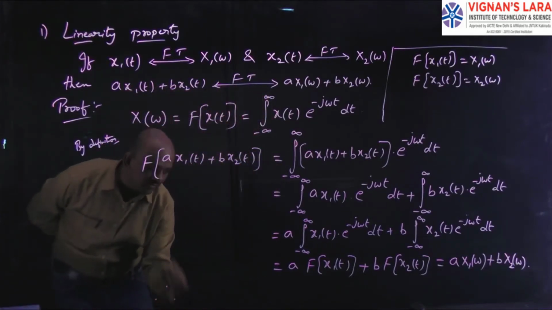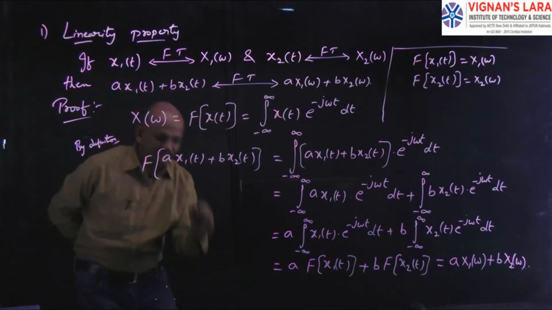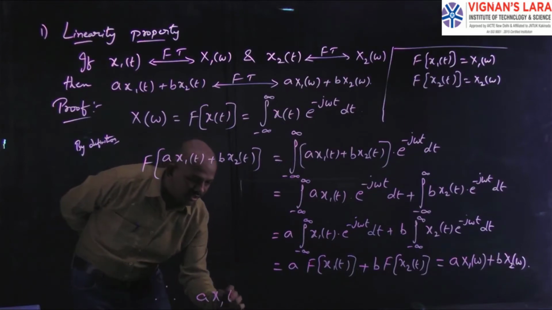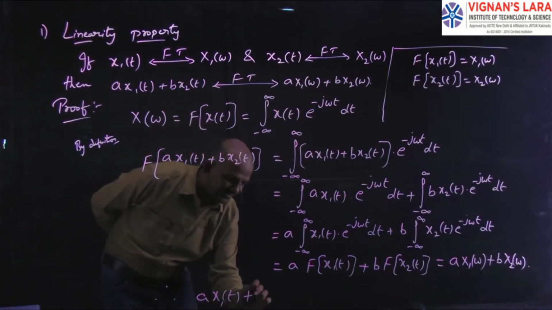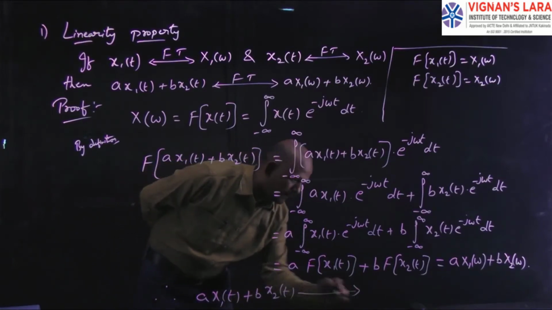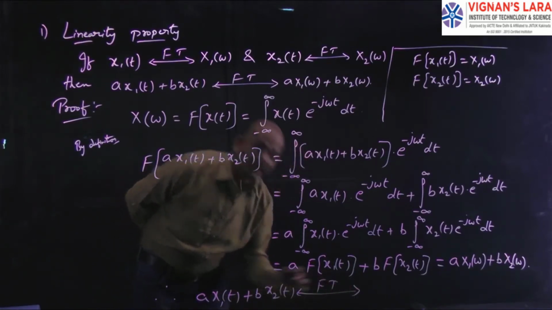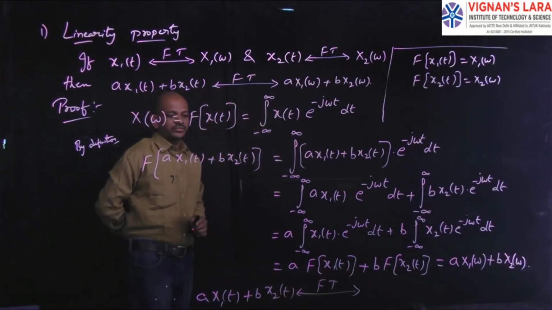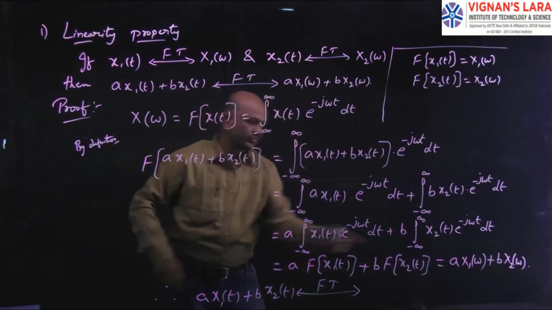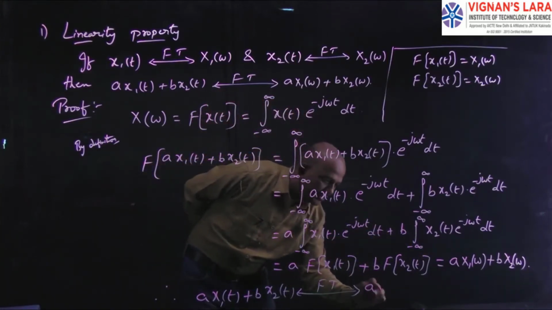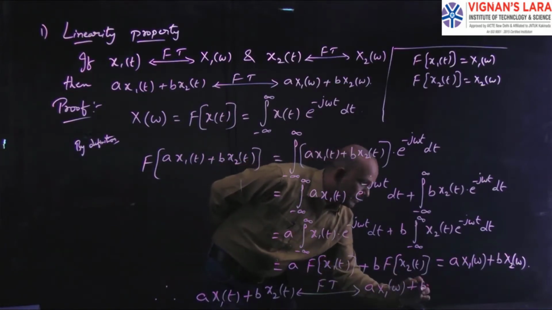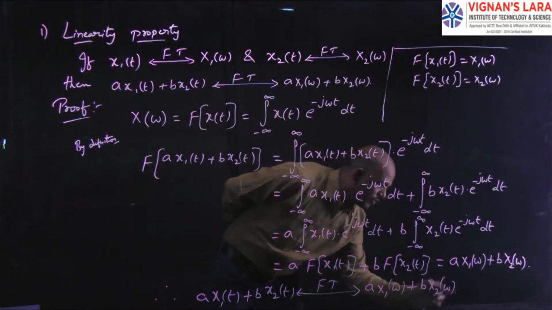Therefore, we can write that a x1 of t plus b x2 of t will have a Fourier transform. That is, the Fourier transform of a into x1 of t plus b into x2 of t is nothing but a into X1 of omega plus b into X2 of omega.